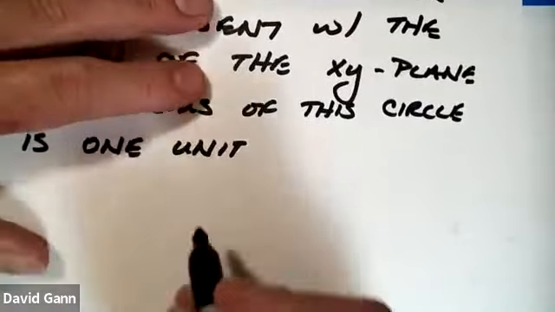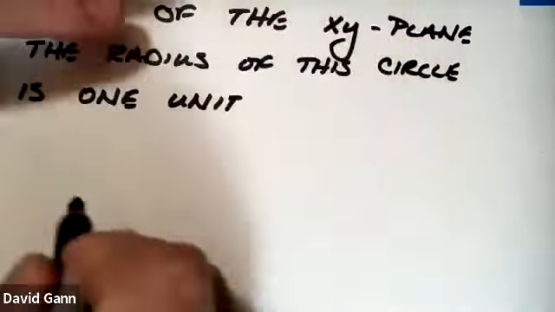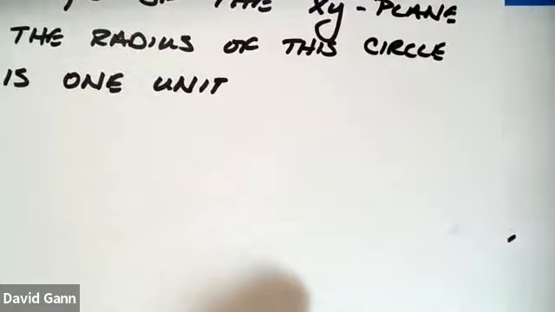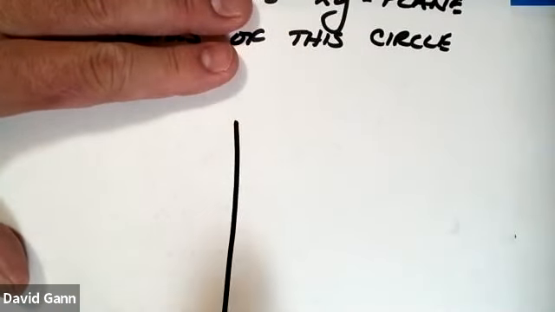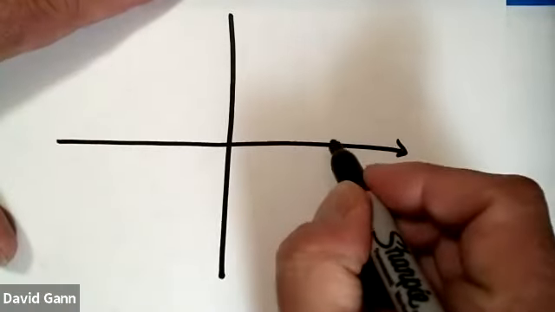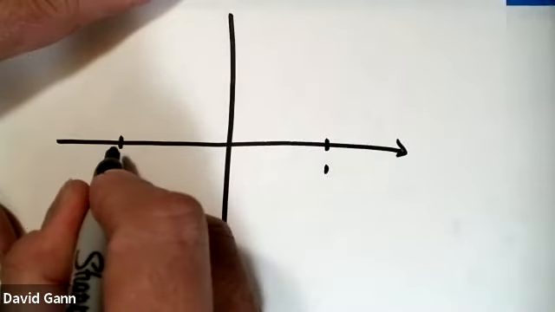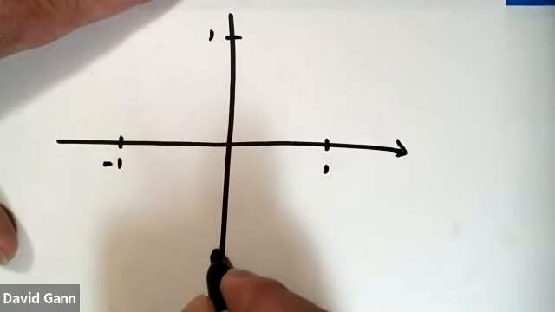So if you think about how this circle looks on the coordinate axes, I'm going to make this fairly big because we're going to start adding some additional things to it. Imagine here's the y-axis and here's the x-axis, and let's say this is 1, -1, 1, -1.